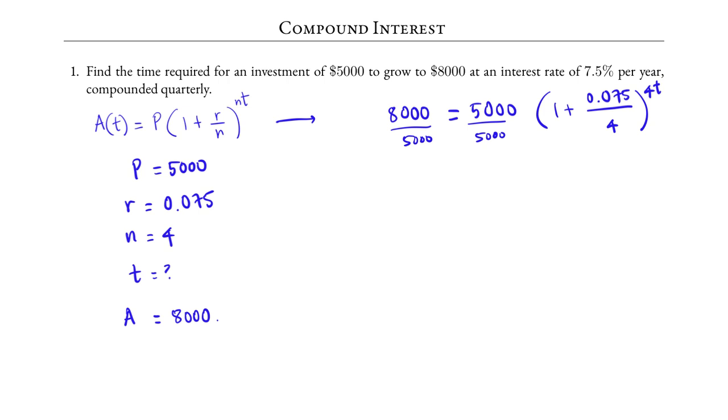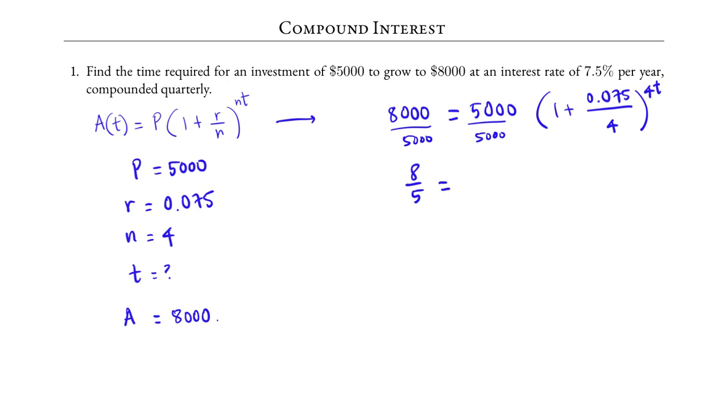The ultimate goal is to get to t, but we need to get to 4t in the power, so we need to get rid of everything else around it first. We divided by 5,000 to get rid of this 5,000. 8,000 divided by 5,000 is simply 8 over 5 for now.